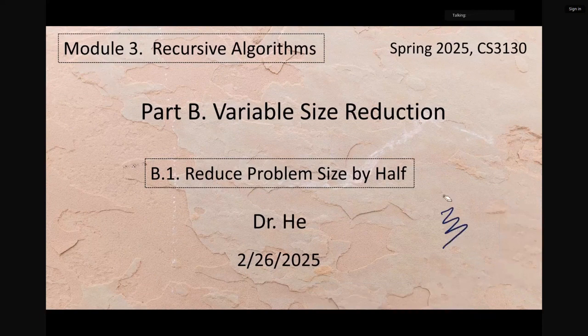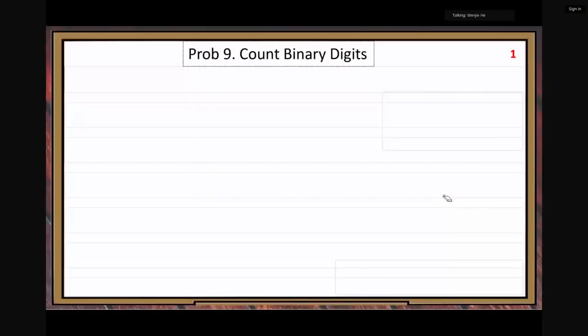So let's look at the question. Problem number 9. Count binary digits. Although it's not very hard, we use a recursive algorithm. Later you may argue we do not need a recursive algorithm, just like factorial.